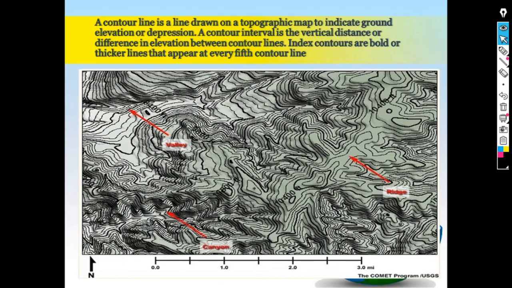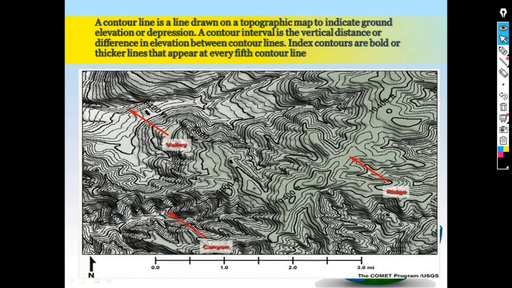Now let's see. Over here this is a two-dimensional map and these lines are nothing but your contour lines. You can predict any number of things from these contour lines if you are able to understand their nature.